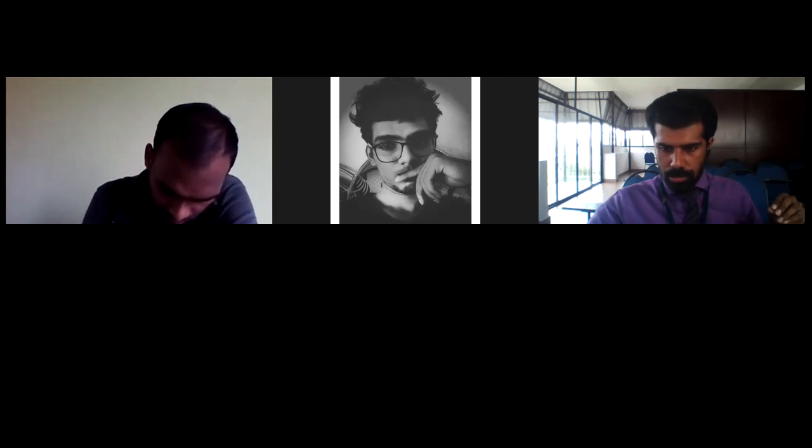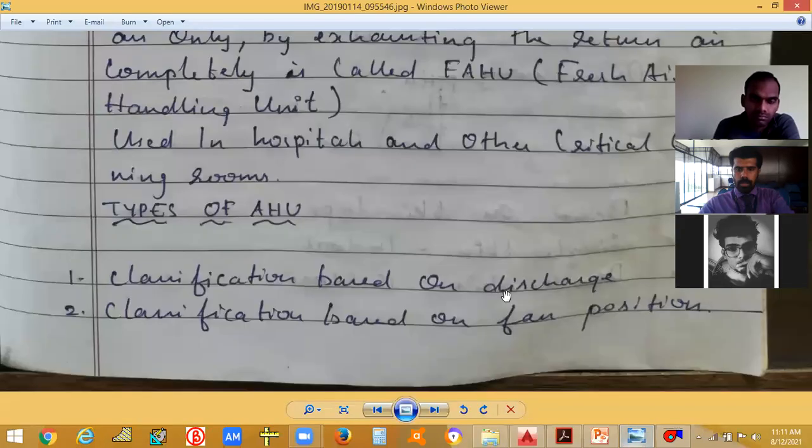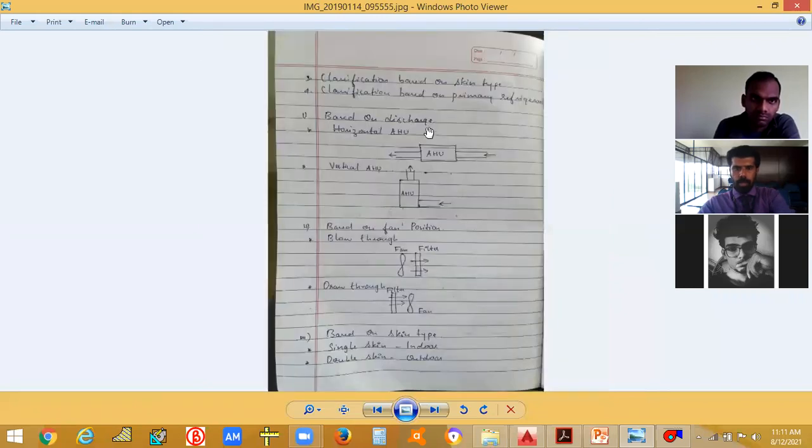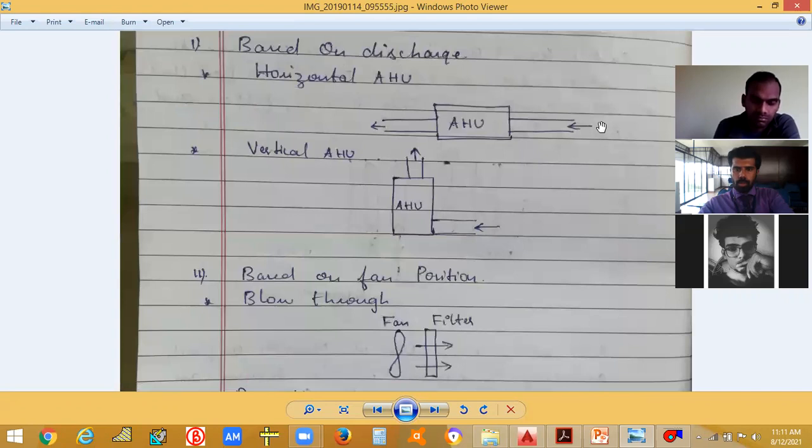You'll be having horizontal AHU. I will show you my notes. This is a horizontal AHU through which you could give the return air to this side and the supply air to this side.